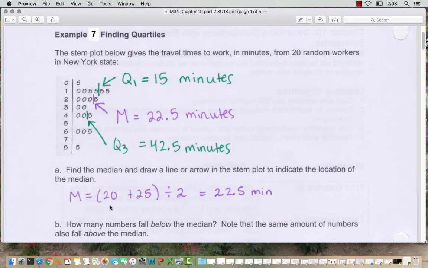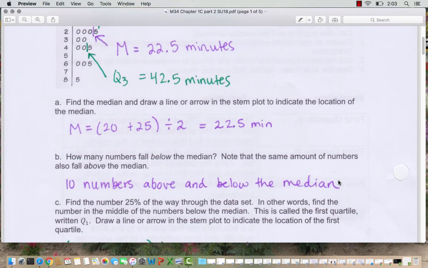We calculate 20 plus 25, divided by 2, and our median is 22.5 minutes. In this case, the median is not actually a point in the data set. It's that fence or divider between the 2 middle points. There are 10 numbers above the median and 10 numbers below the median.